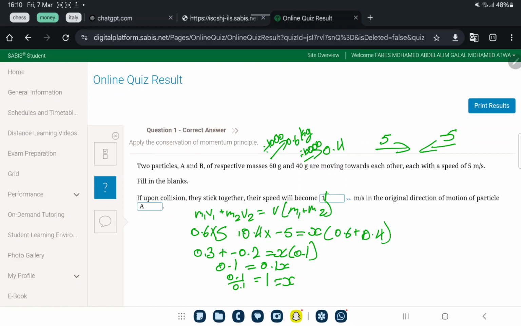So the speed is 1. If they ask for significant figures, it's also 1, because 5 is the least significant figures. And since they're moving with the same speed, and A is the heavier, it's going to continue in the direction of particle A.